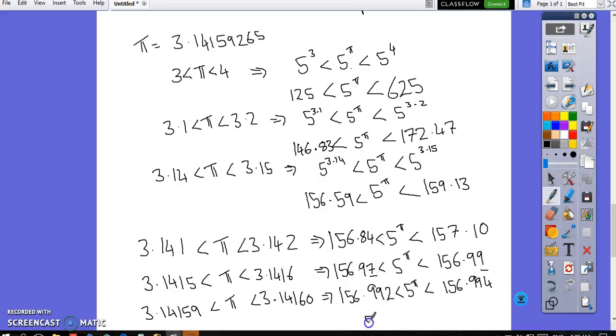So I can say that 5 to the power of pi is equal to 156.99 to 2 decimal places, and we're done.